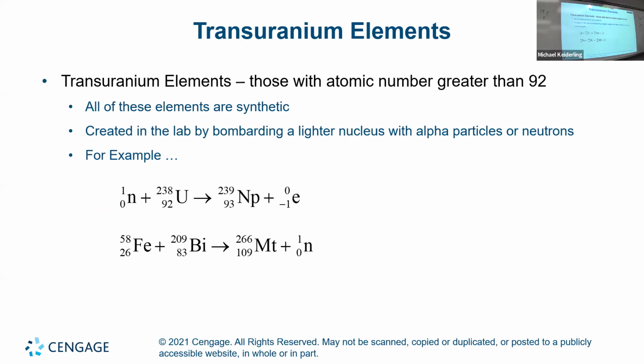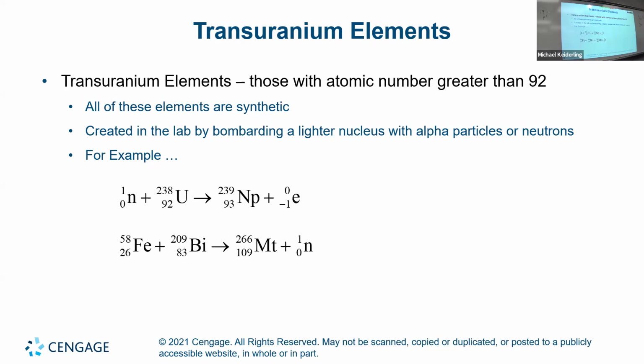So elements past uranium, with an atomic number greater than 92. This is not technically correct. You can get a small amount. It was thought for a long time that all of these elements were synthetic. And they sort of are.